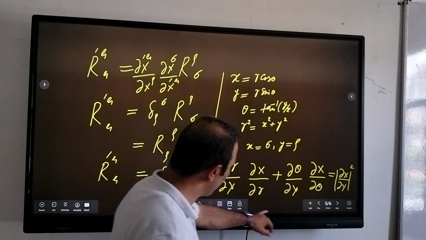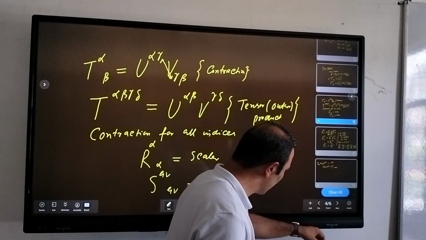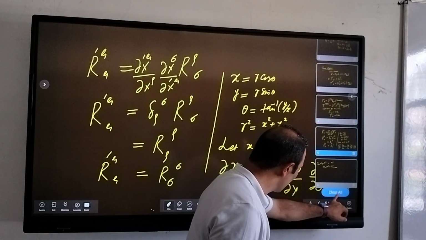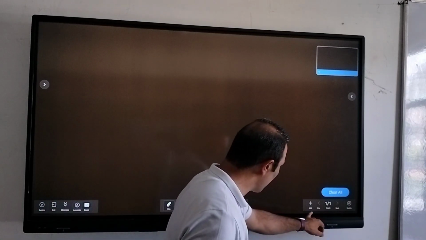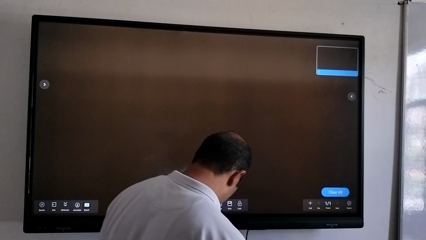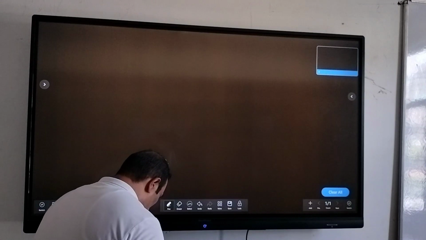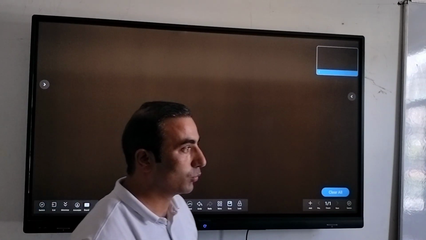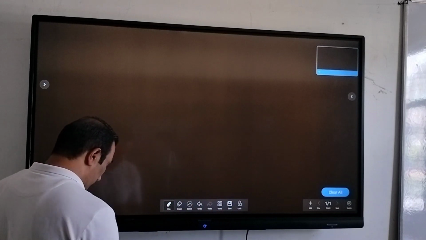So I'm basically giving you an example of how you can write that if you contract this, if you contract these same indices, so you are getting this. Now another factor: we need to see how, if you transform an integration of some function, that integration changes.